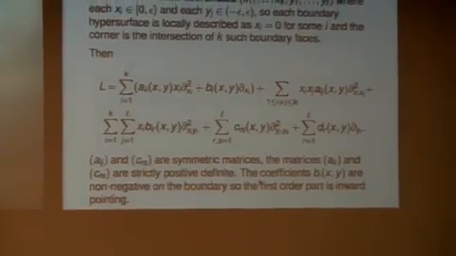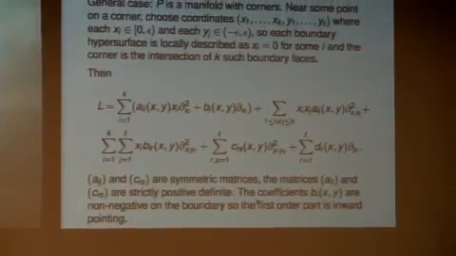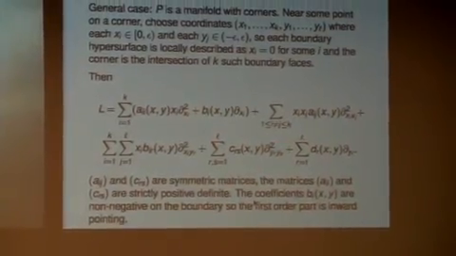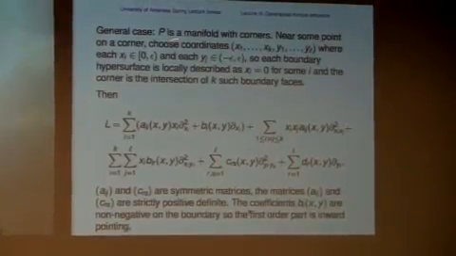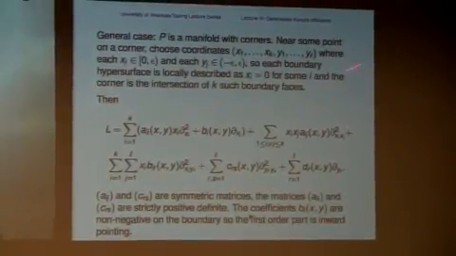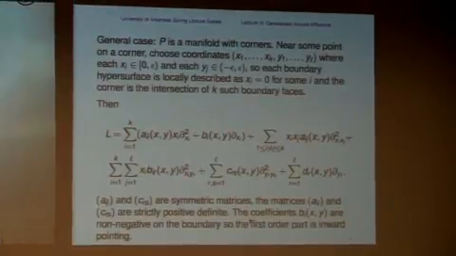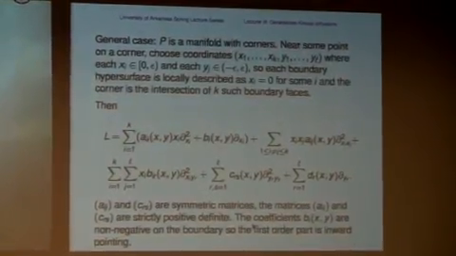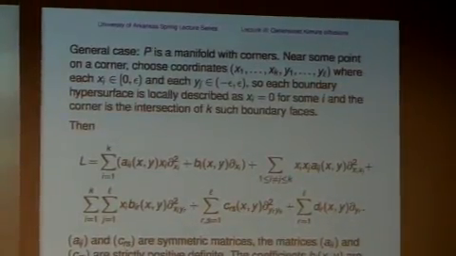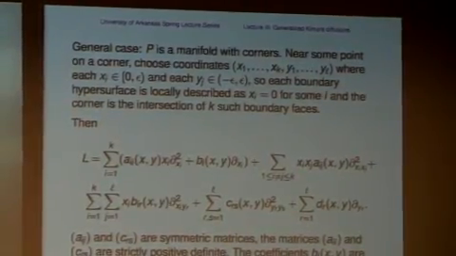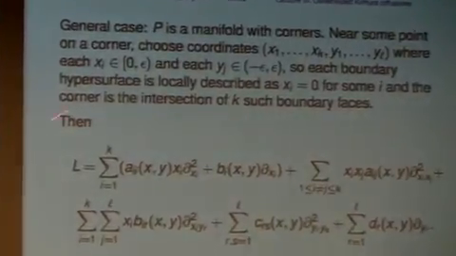Okay. And so finally, here's the general case. You can see why I didn't necessarily write it down right away. It's a little bit difficult to parse, but it's not so complicated. So, manifold with corners, I can choose coordinates near any point at a corner, where I have a number of variables, x1 through xk, which are greater than or equal to 0, and the remaining variables are just in an open set in R^L.